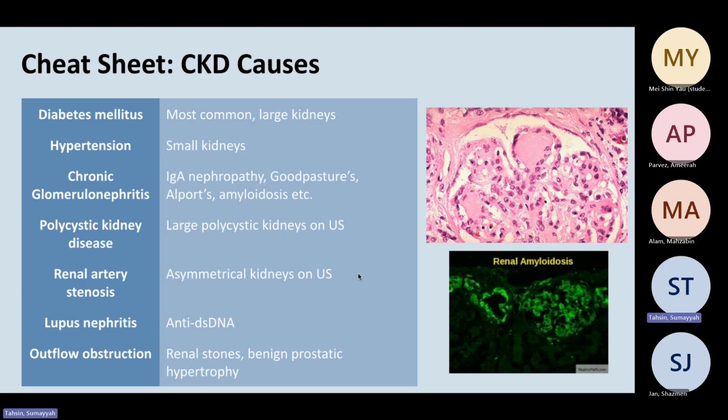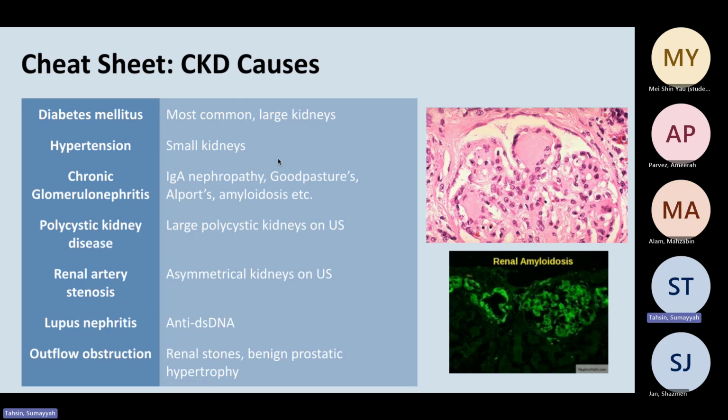Usually if you ultrasound somebody with chronic kidney disease, you'll see bilaterally small kidneys because their kidneys are not functioning properly. However, in diabetes, because of the effects of diabetes on the kidney, their kidneys will be large. So if in an exam you see that a patient has bilaterally large kidneys and they've got chronic kidney disease, you can assume that the cause is diabetes.